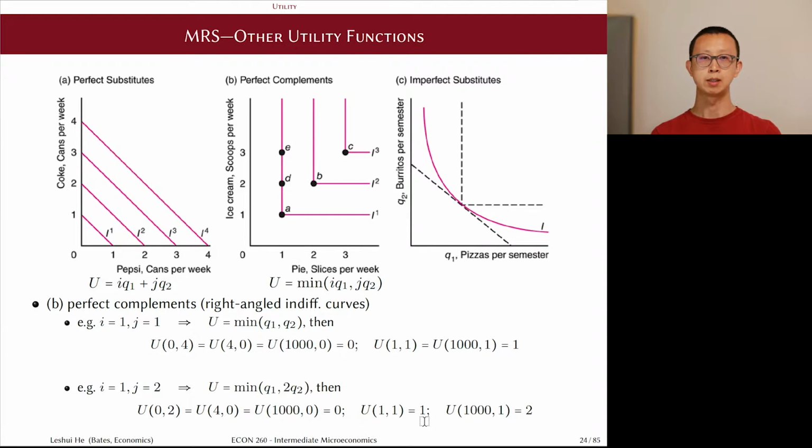Well, as a technical note, you might ask, what is the marginal rate of substitution for the indifference curves of perfect complements? Well, the marginal rate of substitution is going to be infinity on the vertical stretch and 0 on the horizontal stretch. And it is going to be undefined at the kink, because the marginal rate of substitution is defined as a slope, which in turn depends on derivatives.